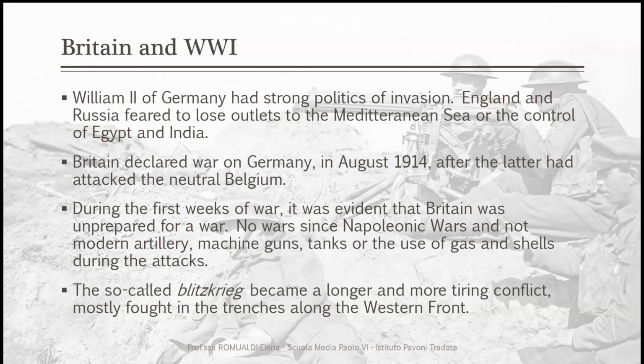Everybody thought that World War I would have lasted only a couple of months, but it was not so, because the conflict turned to be a longer one, and the movement war turned into a trenches war, we can say. And there was this Western Front here, full of trenches, where soldiers didn't move but stood there. They stood there a lot of time, a lot of days, waiting for the enemy to attack and waiting to defend themselves.